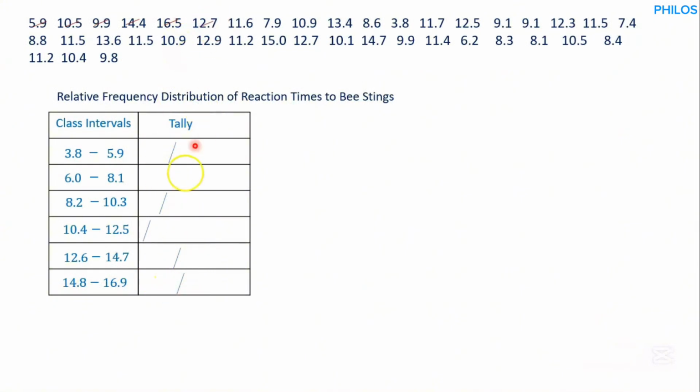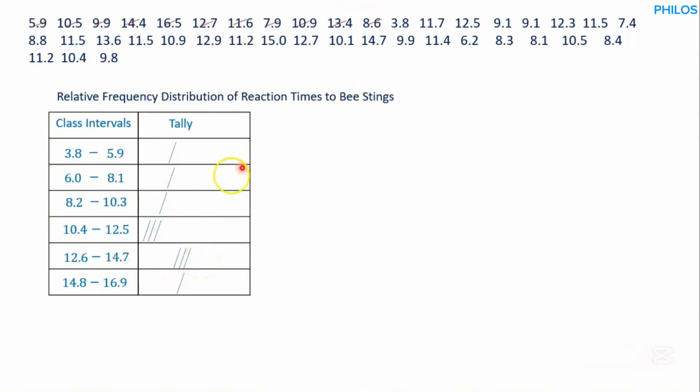Then 12.7 will fall here. Then 11.6 will be in the fourth class. Then 7.9 will be in the second class. Then 10.9 will be in the fourth class also. Then 13.4 will be in the fifth class.